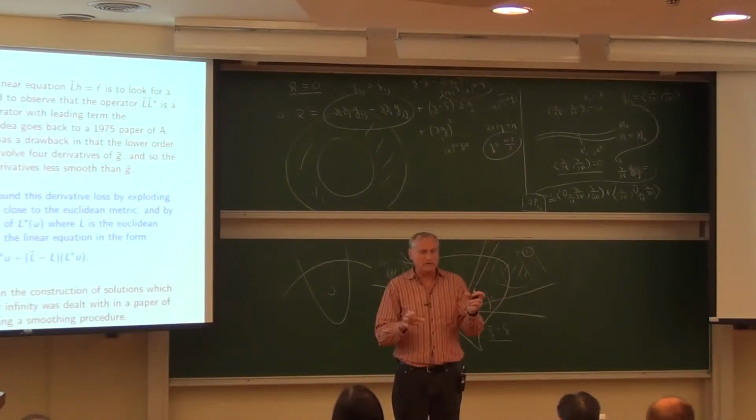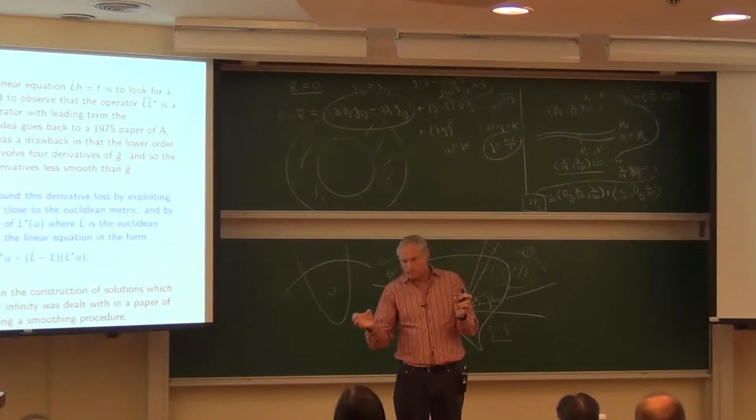But there's an analogous thing for constructing data in general. You can specify a conformal class of metrics, a mean curvature function, and a transverse traceless tensor, the trace-free part of the second fundamental form.